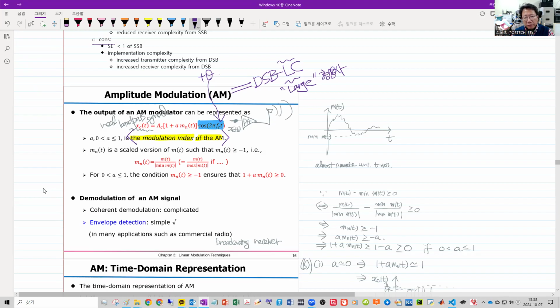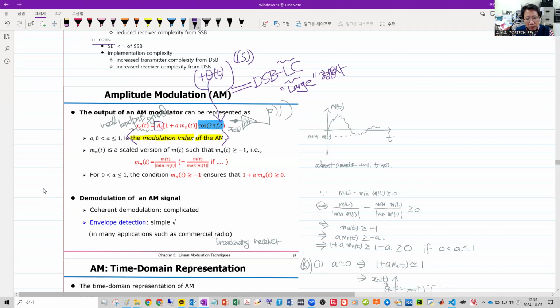Or even due to the non-perfectness of our local oscillator, we may have a time varying, hopefully slowly time varying, theta(t). But anyway, let's ignore that for simplicity, right?